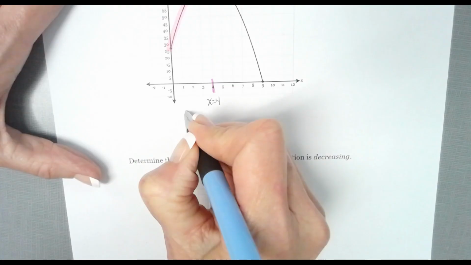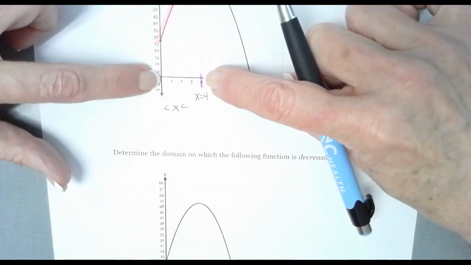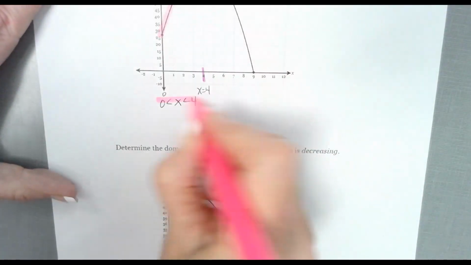It's an in-between statement, so that's where this comes in. 0 is what this is, and 4. That's exactly right. So the interval where it is increasing is in between 0 and 4.